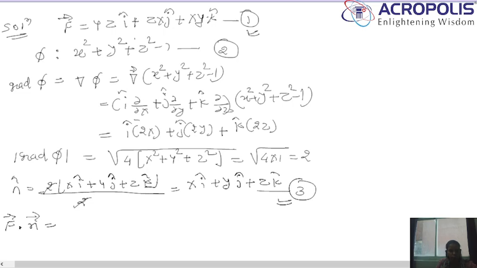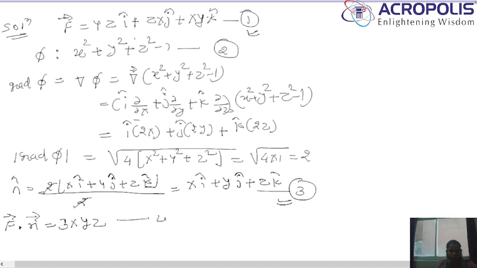If we multiply yz by x, we get xyz. If we multiply zx by y, we get xyz, and if we multiply xy by z, we get xyz. So the resultant value is 3 times xyz.